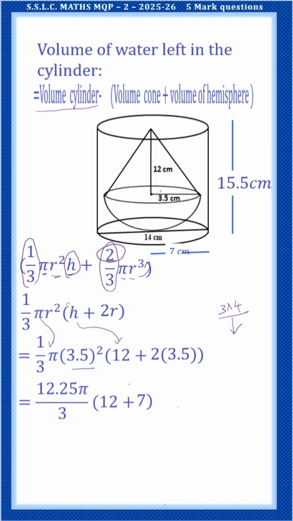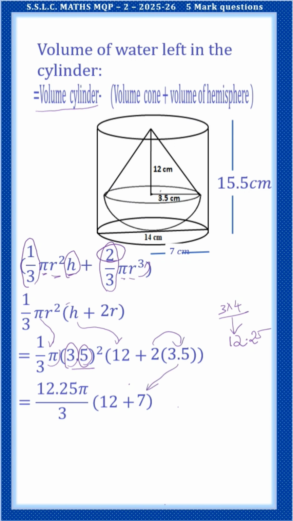Next number of 3 is 4. If you get last number as 5, it is 25. Okay, 12.25 pi by 3 into the bracket 12 plus 2 into 3.5, which is 7.